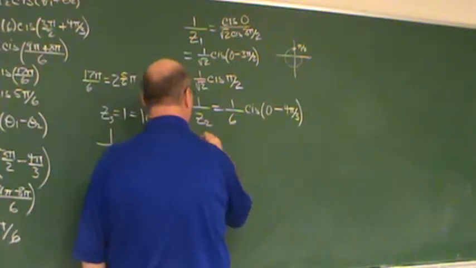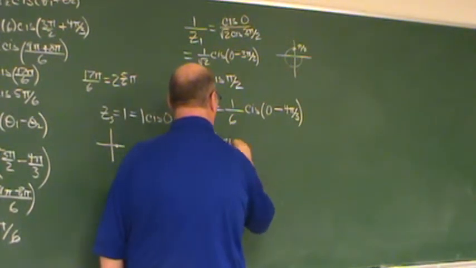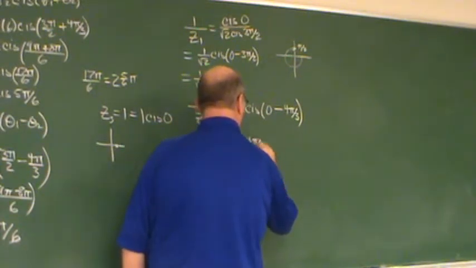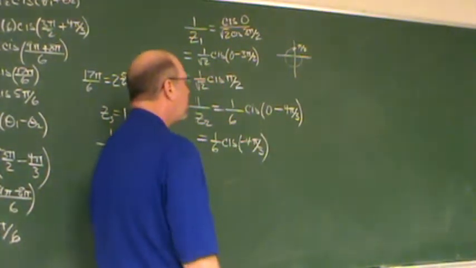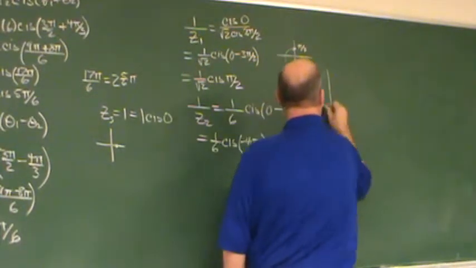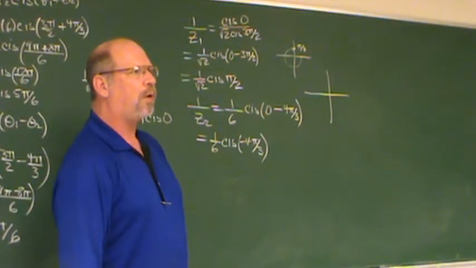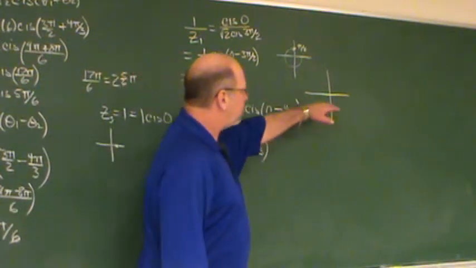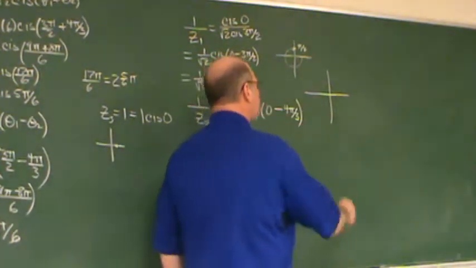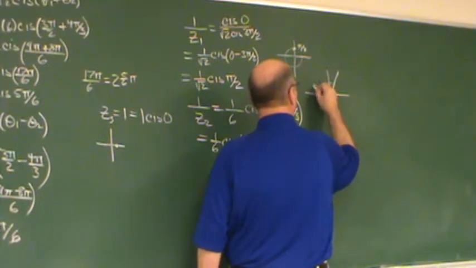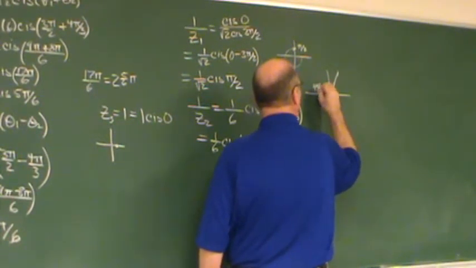And this turns into 1/6 CIS of negative 4 pi over 3. Now, negative 4 pi over 3. We're lucky that we have special angles. Now, 4 pi over 3 in standard position puts me in the third quadrant, so negative puts me in the first quadrant. What we're saying is that's 4 pi over 3.